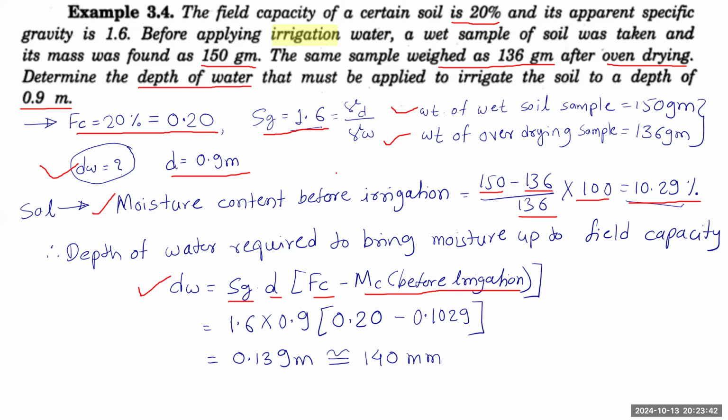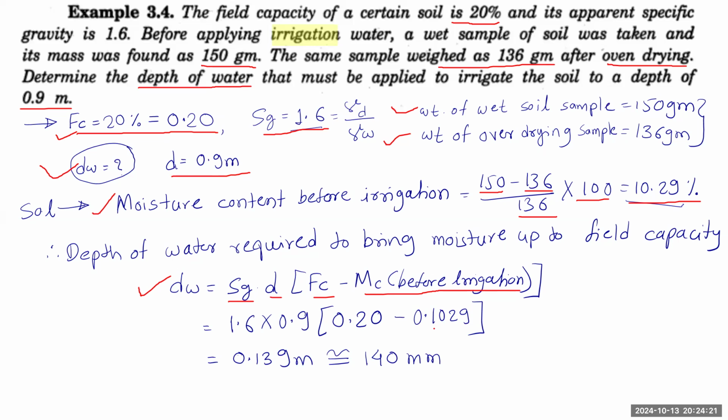So if we subtract the moisture content before irrigation from the field capacity, we get the available moisture. Now by putting these values in the formula, dW is equal to Sg into D into bracket Fc minus Mc before irrigation. So Sg is given as 1.6, the depth of root zone is given as 0.9 meter, Fc is 20% and moisture content before irrigation is 10.29%.